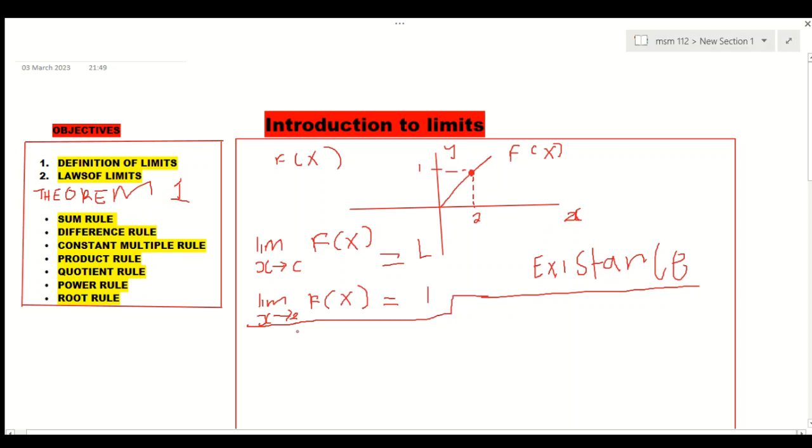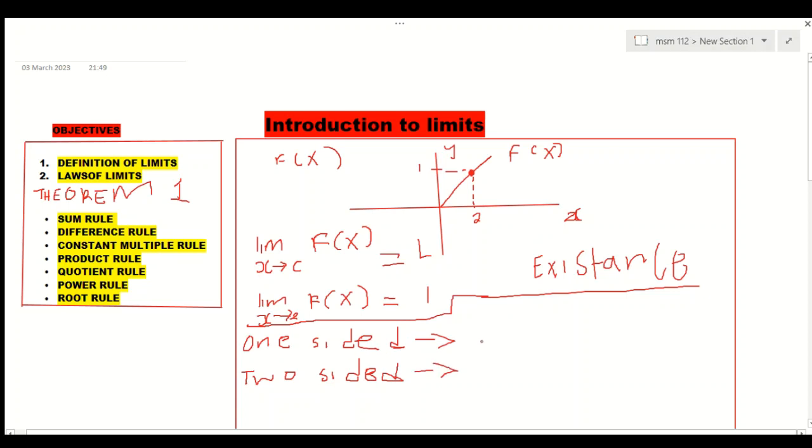The first one is the one-sided limit. And the second one is the two-sided limit. So let me give an example of these two.